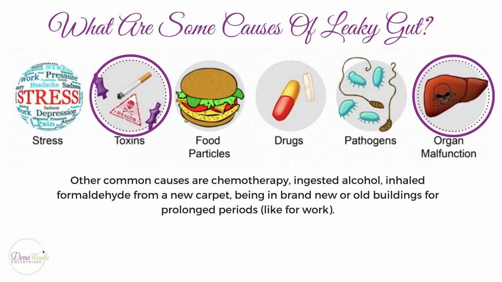Other common causes of leaky gut include chemotherapy, ingested alcohol, and inhaled formaldehyde from, say, new carpet. I've seen a few of my clients get extreme organ malfunction from laying new carpet in a house, pulling up the old carpet. Who knows what's underneath there? There are spores that can attack the lungs and start to damage the organs internally, and then we see that toxin burden in an overabundance, and the body starts to regress and can't fight the normal fight.